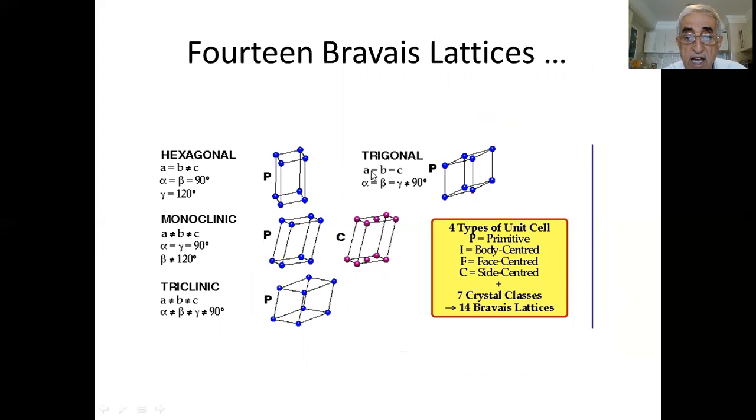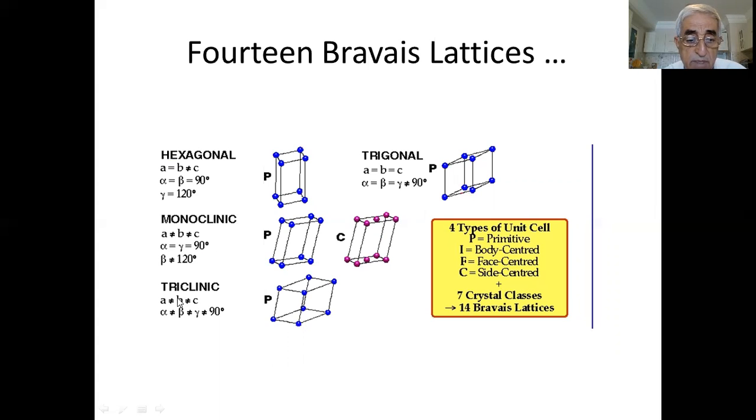Trigonal, a, b, and c are equal, alpha equals beta and equals gamma, but they are not equal to 90 degrees. Monoclinic, a not equal to b, not equal to c. Alpha and gamma are equal to 90 degrees, while beta is not equal to 90 degrees, in these 2 figures.